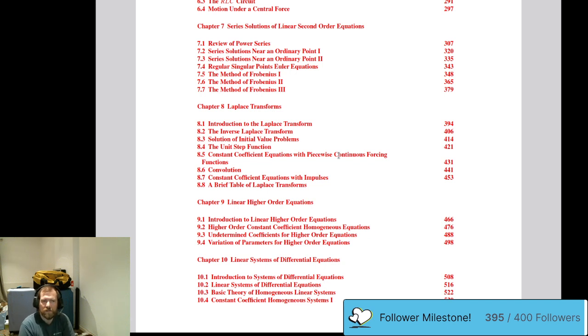But I don't know how to decide, really, apart from just flipping a coin, because they are technically independent of each other in terms of what you would be assessing on an exam. You don't have to technically know how to do Laplace transforms in order to do power series or vice versa.